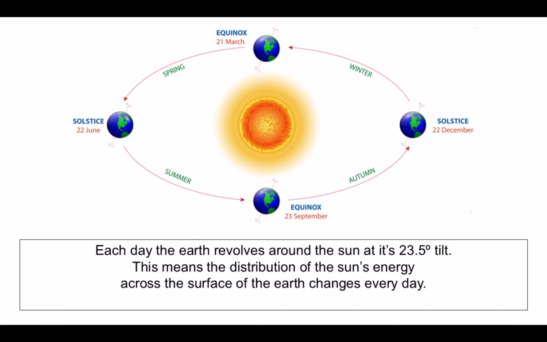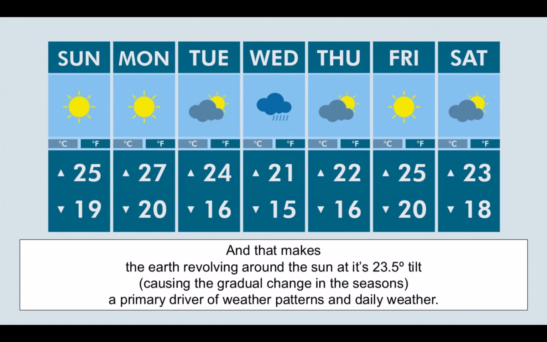This means the distribution of the Sun's energy across the surface of the Earth changes every day. This causes the gradual change in the seasons. And that makes the Earth revolving around the Sun at its 23.5 degree tilt, causing the gradual change in the seasons, a primary driver of weather patterns and daily weather.